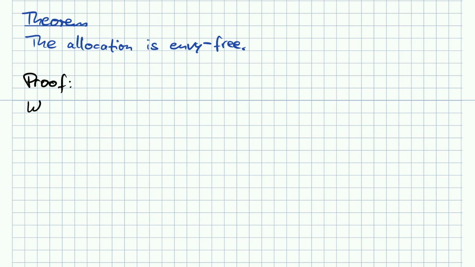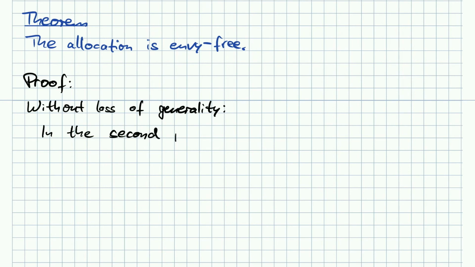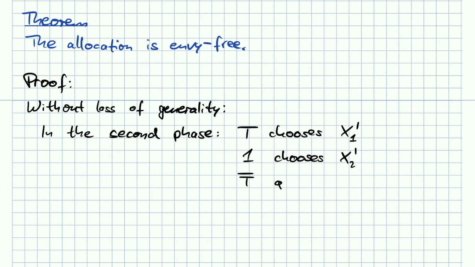We'll first say that without loss of generality, in the second phase, T chooses x1 prime and 1 chooses x2 prime, and T bar then gets as the remainder this x3 prime.